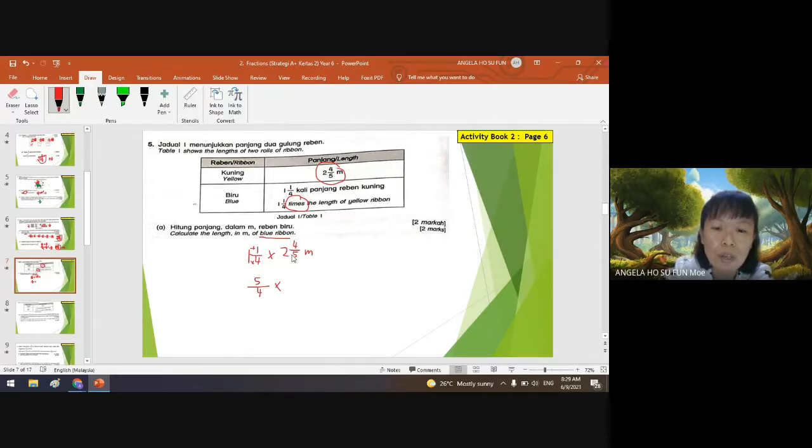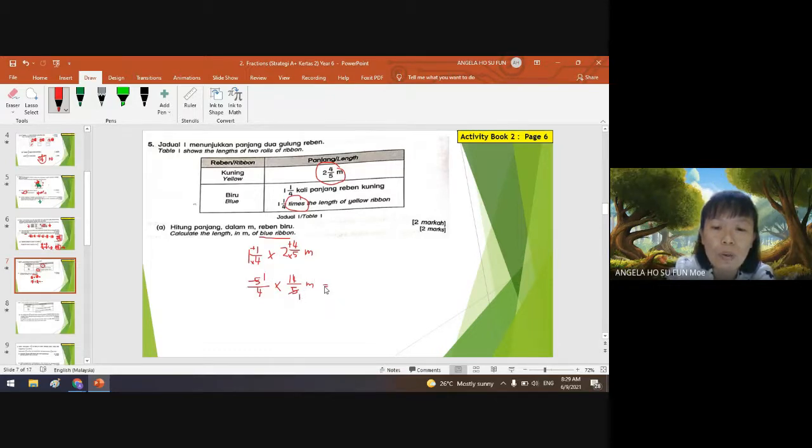Okay, so here also the same thing. You multiply and plus. Okay, 5 times 2 is 10, plus 4 is 14, over 5. Okay, so which pair can you cancel? Of course, 5 and 5. Okay, 5 times 1 is 5. 5 times 1 is 5.